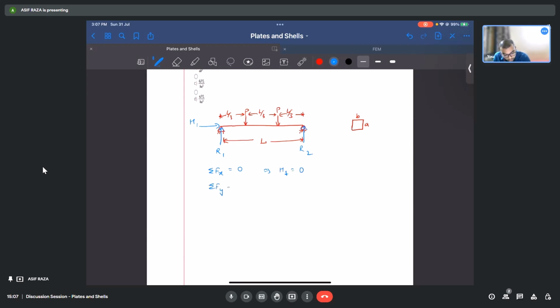Summation of Fy equal to 0 would give me R1 plus R2 is equal to 2P, and taking the summation of moments about the point A equal to 0 will give me R2 into L minus P into 2L by 3 minus P into L by 3 equal to 0, which will give me R2 equal to 2P by 2, that is P.